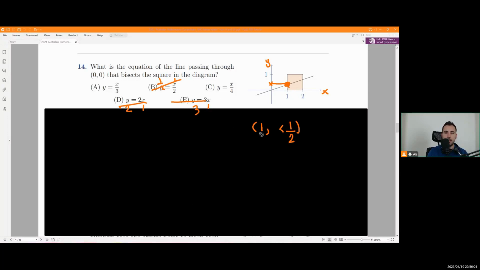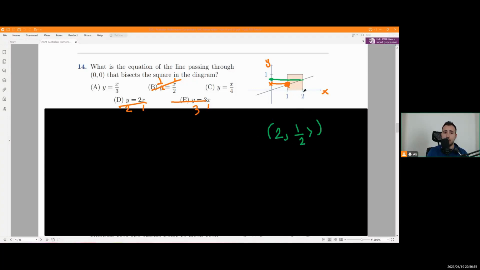Good. Now let's focus on the second point. When x is 2, do you agree the value of y is actually more than a half? If x is 2, this one is something more than 1 over 2. I'm going to write it like this.